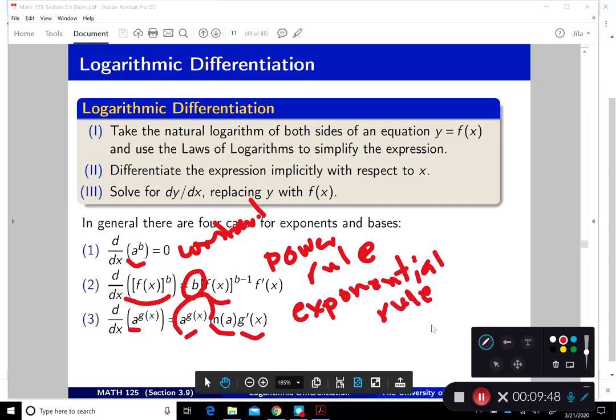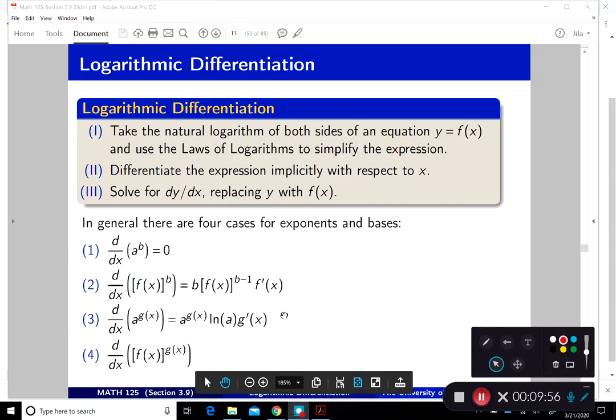So the case that we did right now is none of those. That case is this one, where both the base and the exponent are non-constant functions.